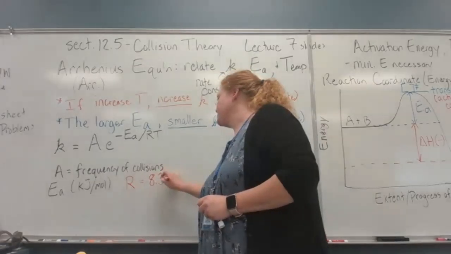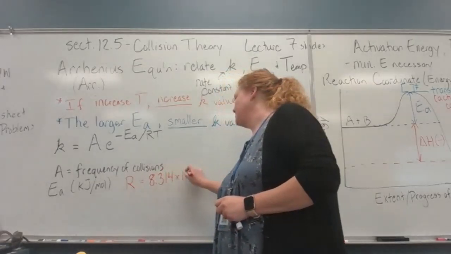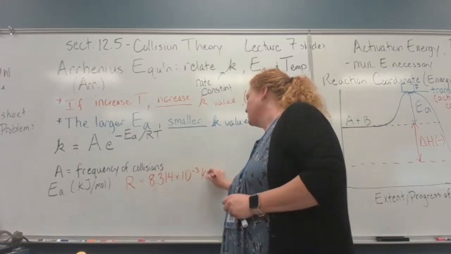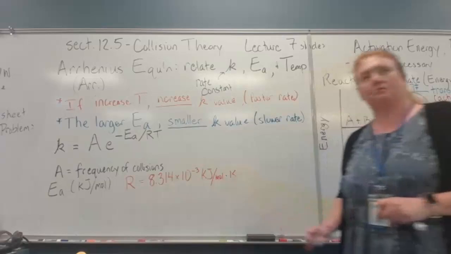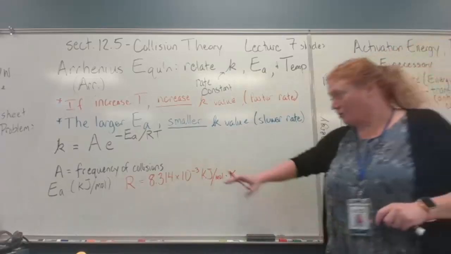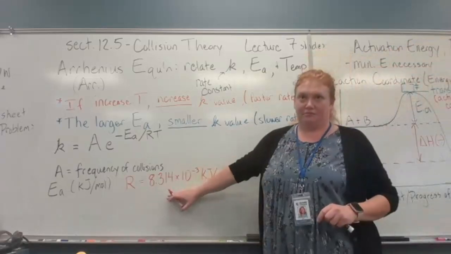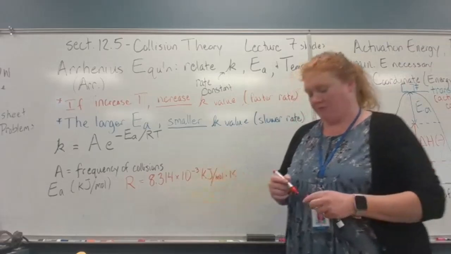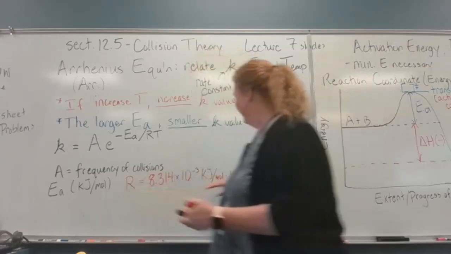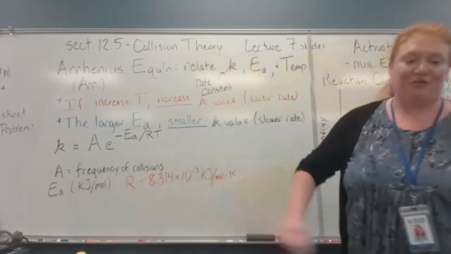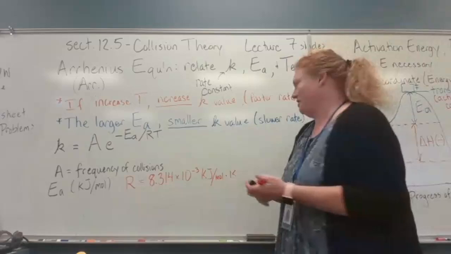I want us to go ahead and use the gas constant in units of kilojoules per mole Kelvin. We're going to use that value. And then, of course, what does our temperature have to be in? Kelvin. It's got to be Kelvin.